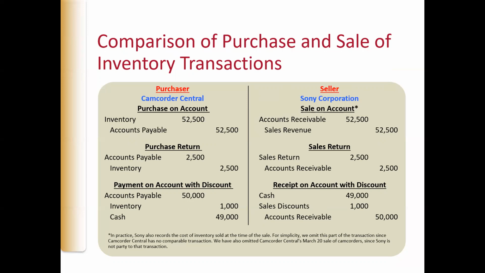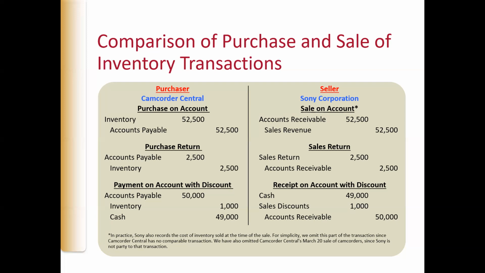The seller debits accounts receivable and credits sales revenue. Now, if the buyer returns some products, then their accounts payable is decreased and their inventory also is decreased. They just reduced their inventory. But the seller side wants to keep track of any returns that happen, so they debit sales returns and credit their receivable.